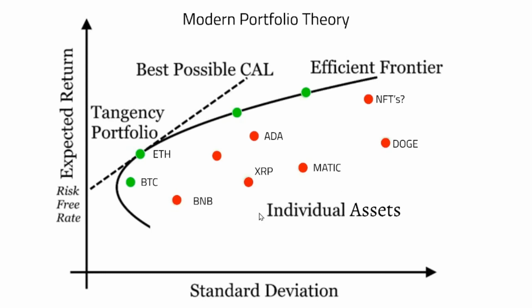Now, as you can see, I've just thrown these in here approximately. I can hear people screeching in the general chat already. I've just placed some random assets on this chart to show you approximately where I believe certain assets lie. We have the largest of the large caps, which have very low standard deviation, but also the expected return isn't super high.